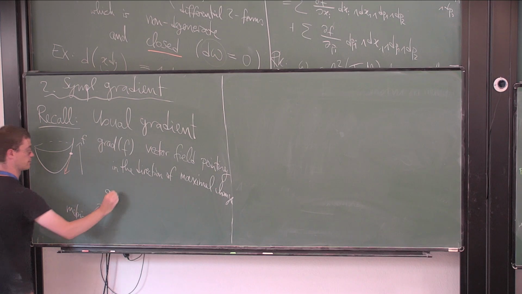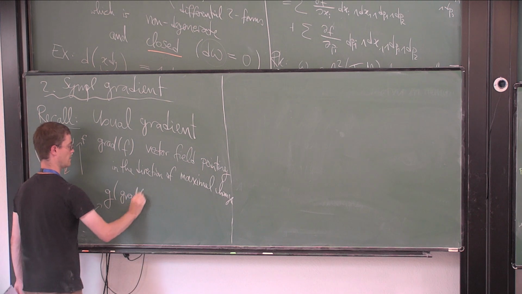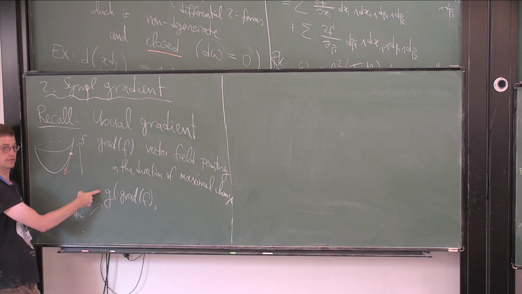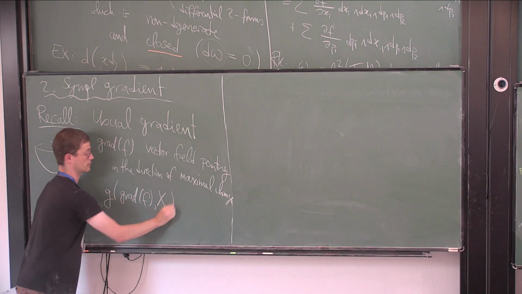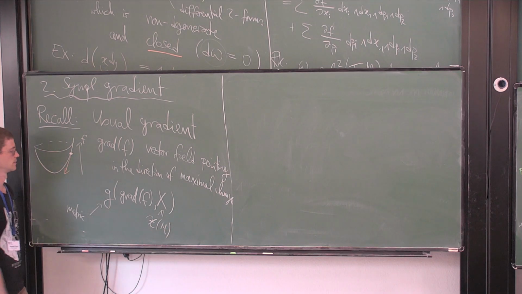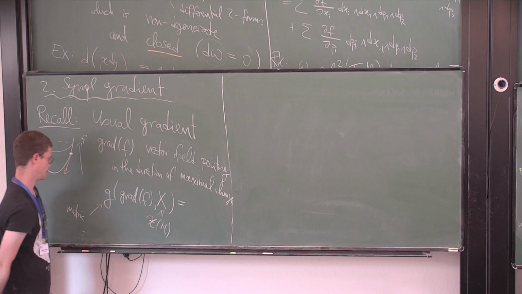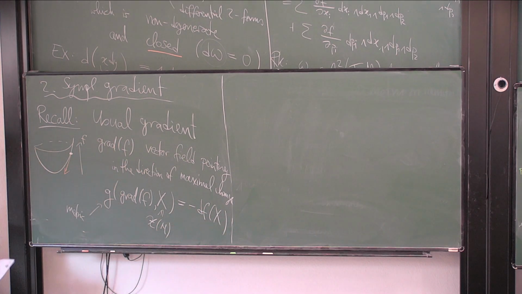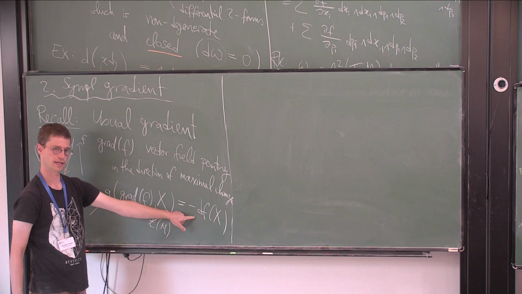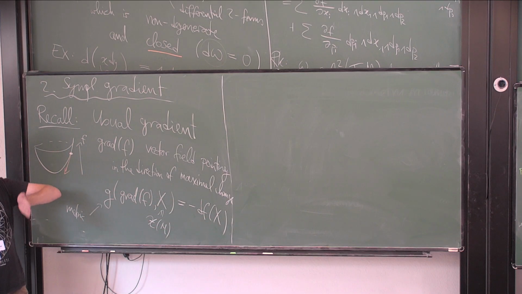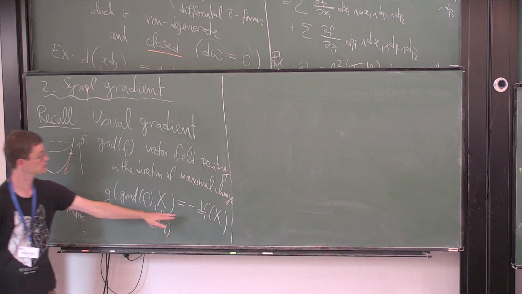The definition of the gradient f is that whenever you plug this vector field into g, g needs two vector fields, so if X is any vector field of my manifold, then the definition is g(grad f, X) equals minus df of X. So df is the variation of f. df of X means the variation of f when I go in the direction defined by X.